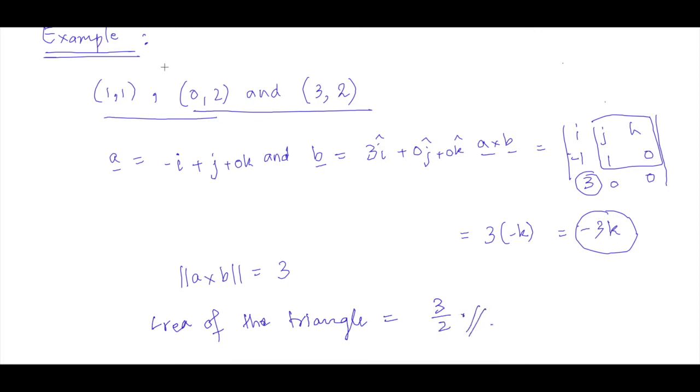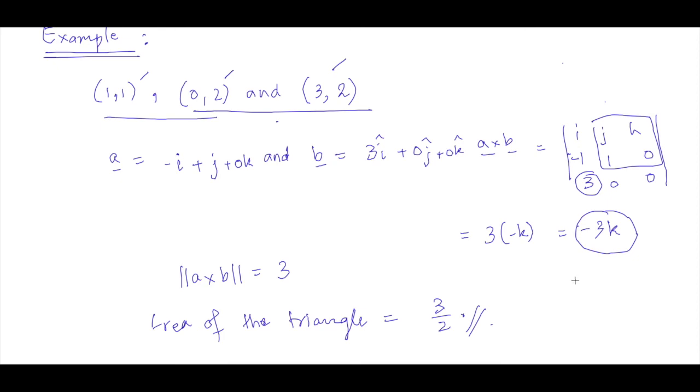What we have done is we have taken the cross product of the vectors, and in the end, once we have the cross product, we take the magnitude of that. That is the length of the cross product, but that is also the area of the parallelogram which is spanned by A and B, and half of that is the triangle which we are talking about here.